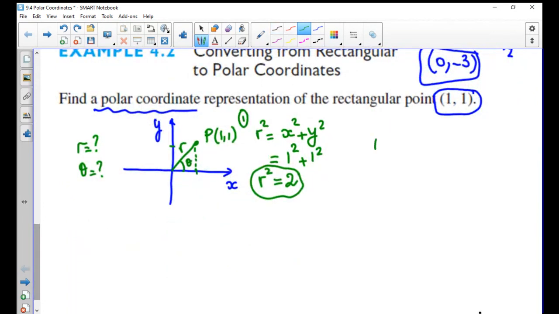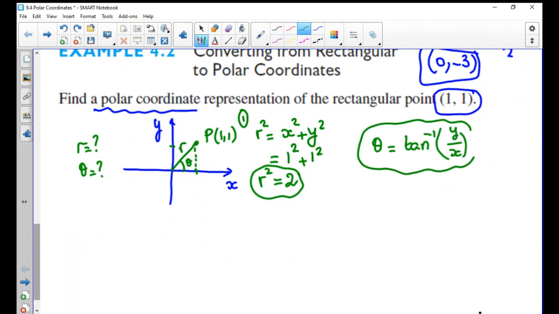And the theta, so let me do this first. Theta is, you can use the rule of tangent inverse of y over x. So this will allow you to get the value of theta. So it's going to be tan inverse of 1 over 1.